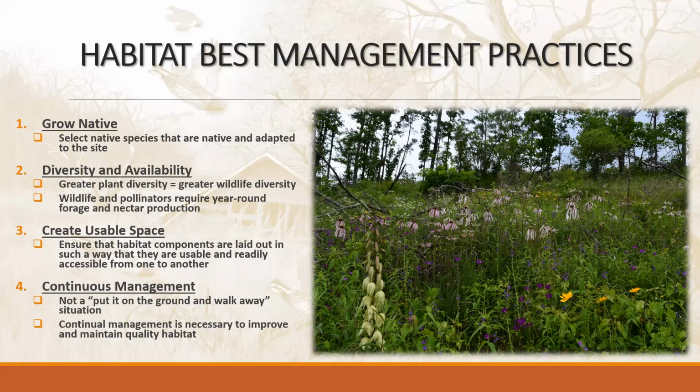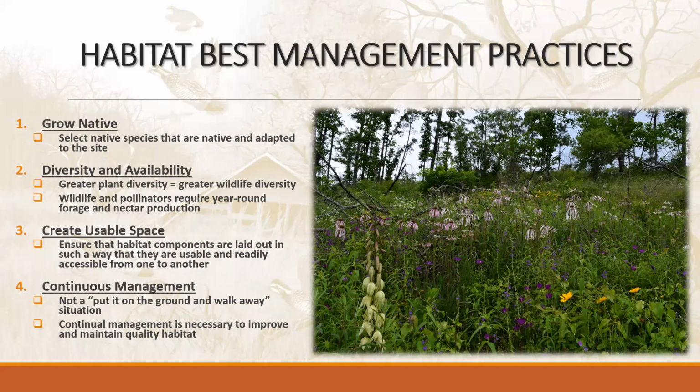And then just to wrap up everything, let's go over some habitat best management practices in general, and these can be considerations used in both our grasslands and our forest lands. Number one is definitely to grow native, selecting species that are native and adapted to that site or ecoregion.